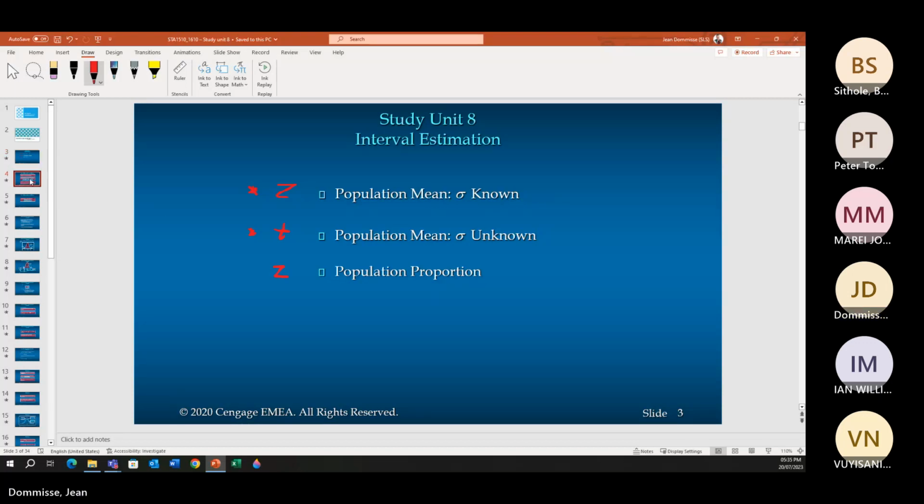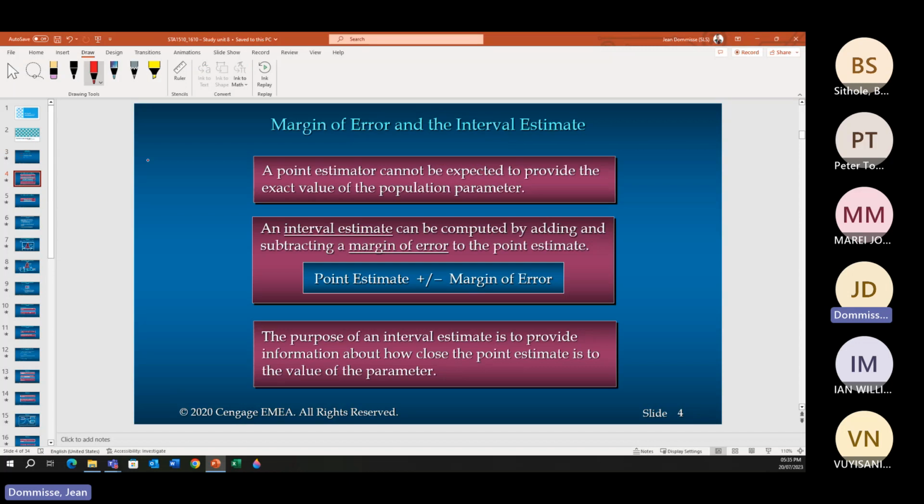In this pack there are also a lot of definitions and formulas, so that you have everything together again. Basically, every time, if we have the X, we're going to subtract or add a margin of error.